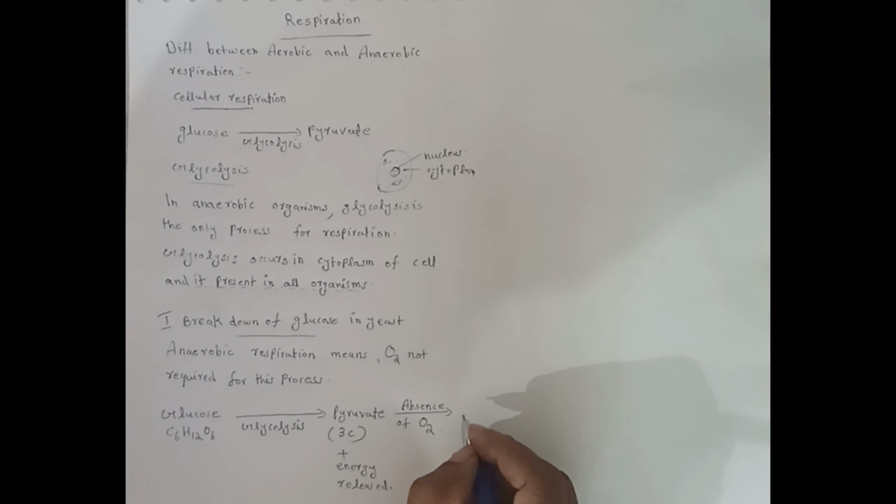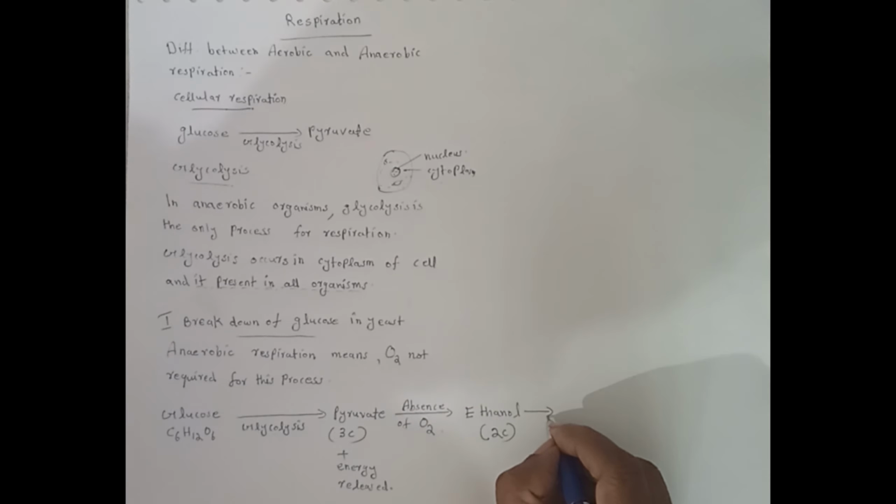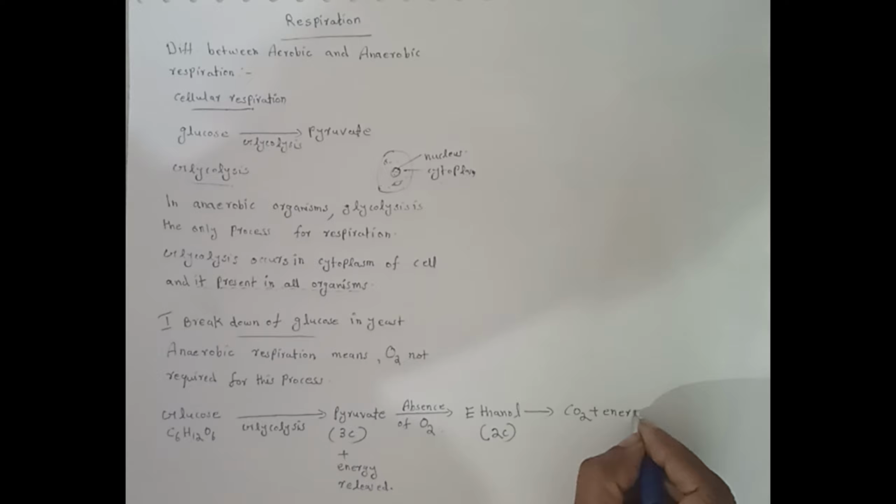Last step: it produces ethanol, a 2 carbon molecule. It is also broken down to form carbon dioxide and energy. This is the whole process of anaerobic respiration that occurs in yeast.